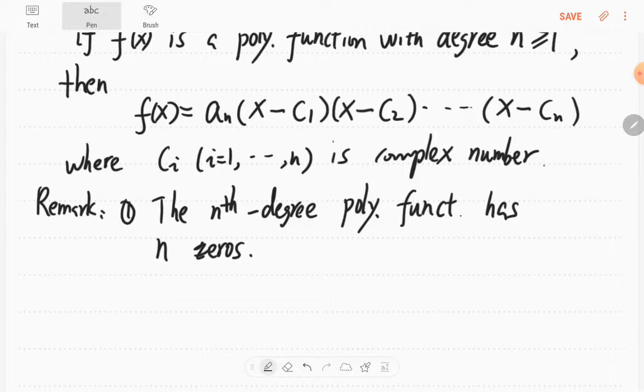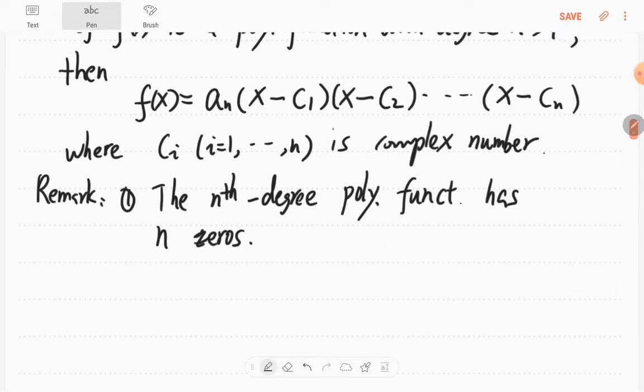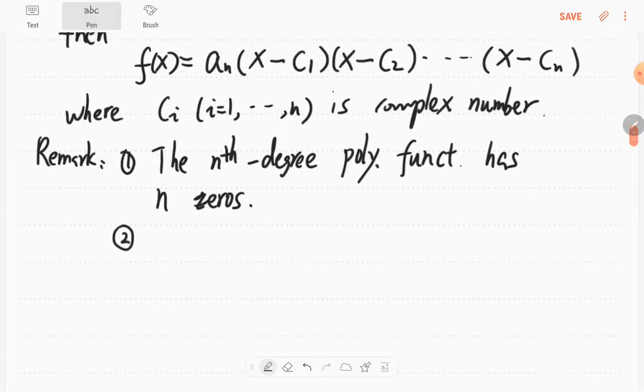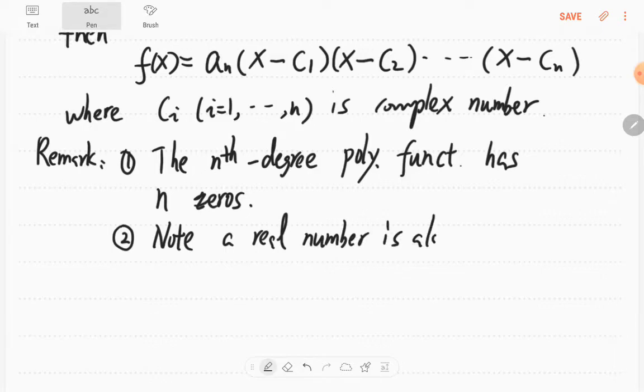And second, note that a real number is also a complex number.